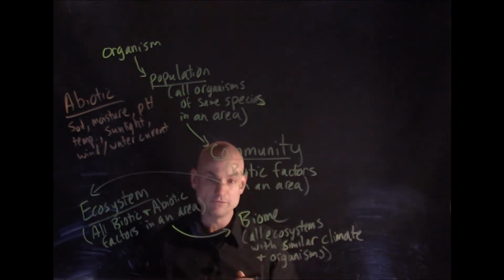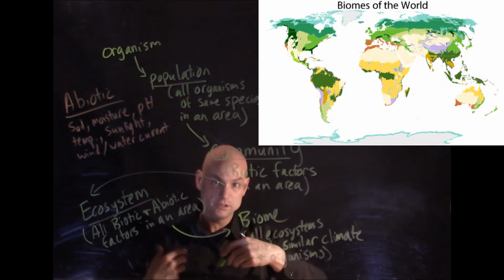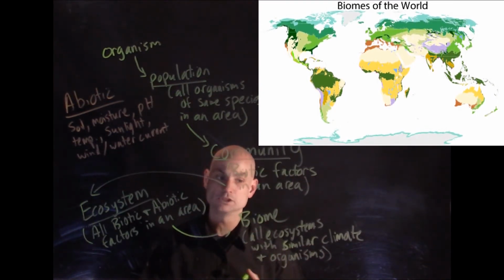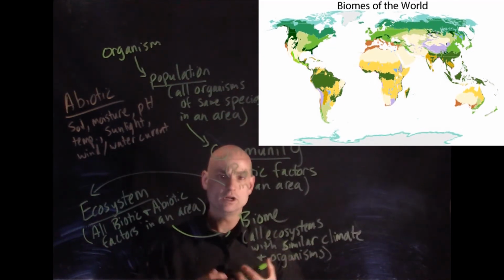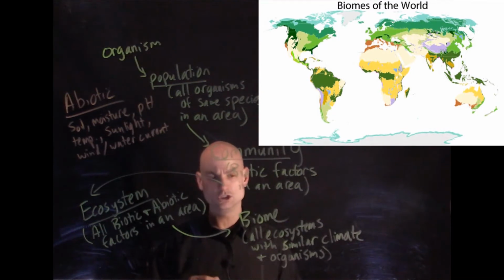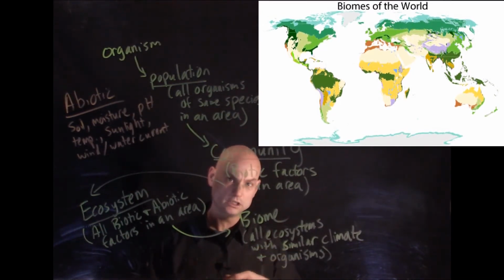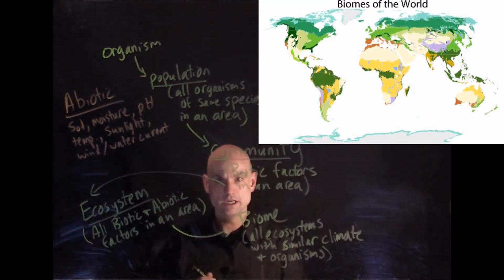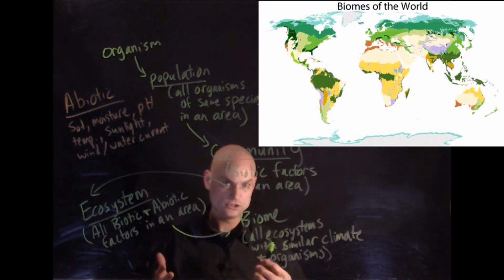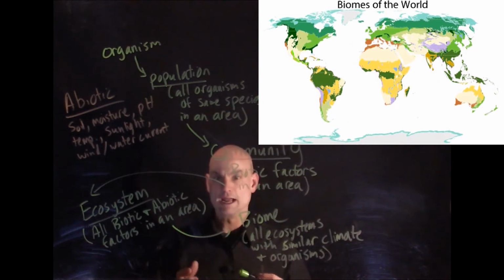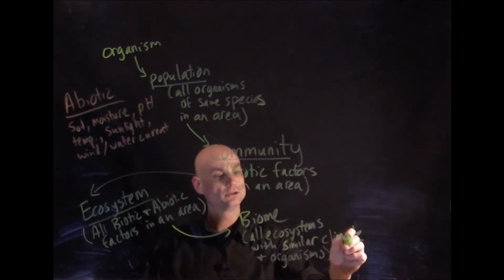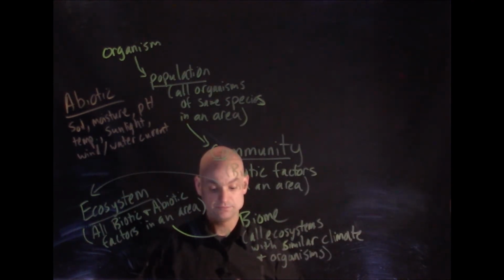Everybody knows about the tropical rainforest, but do you know what biome we live in here up in Rochester, New York? Well, we live in the temperate deciduous forest. So that's a biome. Temperate means that the seasons change. Deciduous means that the trees that are there have leaves that fall in the winter and fall seasons. There's deserts, tundra, taiga, grasslands, lots of different biomes. But they all share a similar climate and similar organisms.